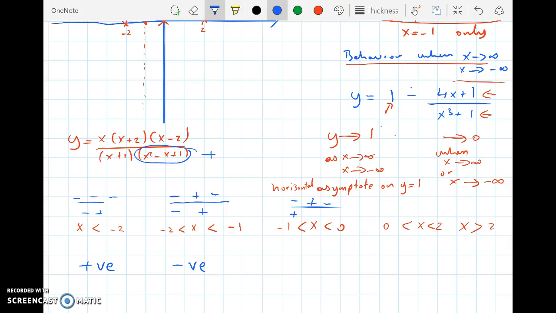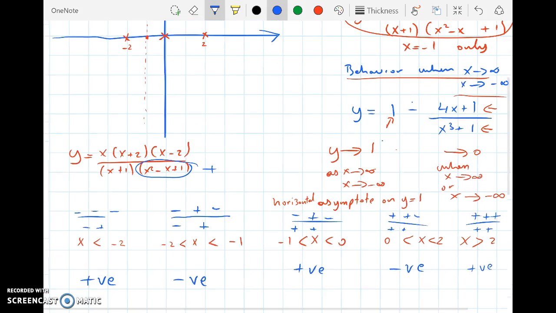Minus 0.5 add 1, for example, is positive, and positive, so it goes to positive again. And between 0 and 2, we've got a positive 1 here, a positive 1 here, and a negative 1 and 2 positive, so it's gone to negative. And then finally we can see for the final one all terms are positive, so the whole thing is positive.